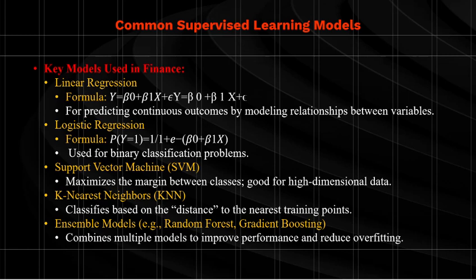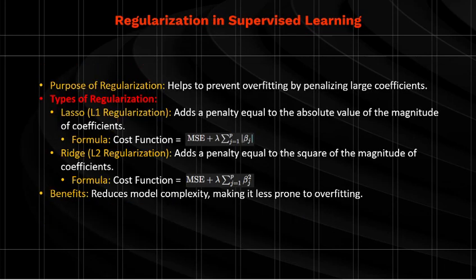Then we have SVM, or support vector machine, which maximizes the margin between classes, good for high dimensional data. Then we have k nearest neighbor or KNN, which classifies based on the distance to nearest training points. Then we have ensemble models, for example random forest and gradient boosting, which combine multiple models to improve performance and reduce overfitting.